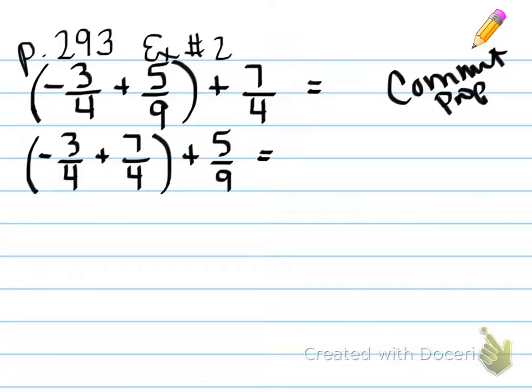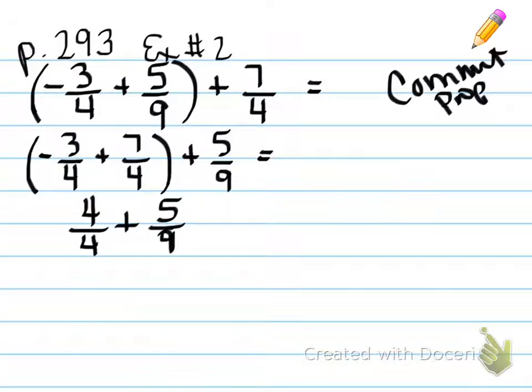Now, before I work anything out, these are opposite signs or different signs, we need to subtract. So when I'm figuring this out, I've got 7 minus 3, which is 4/4, and it's going to be positive 4/4 plus 5/9.